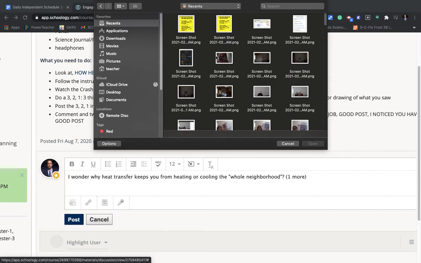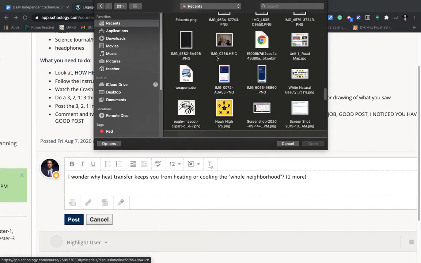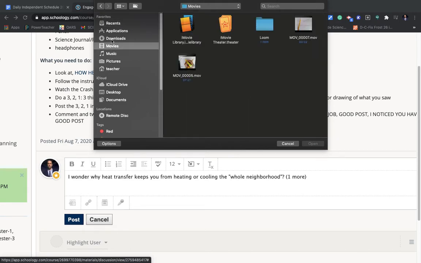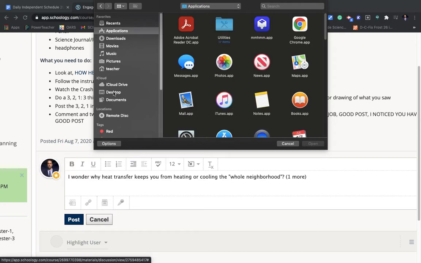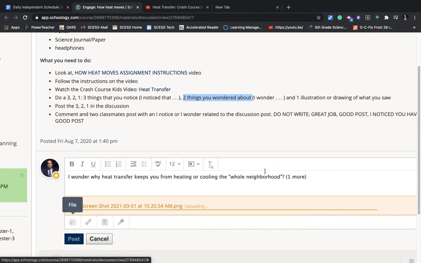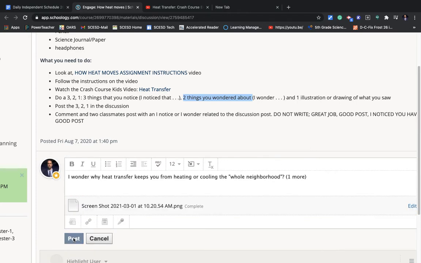For me, it's going to be here, hopefully. There it is for me. You might have to check in a few files too, depending on where your screenshot saved. And then you should be able to post.